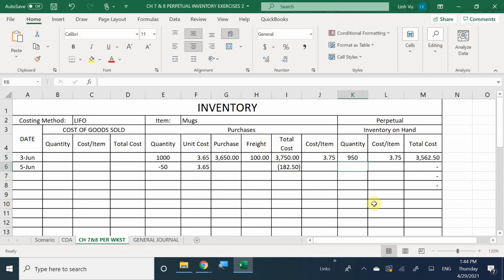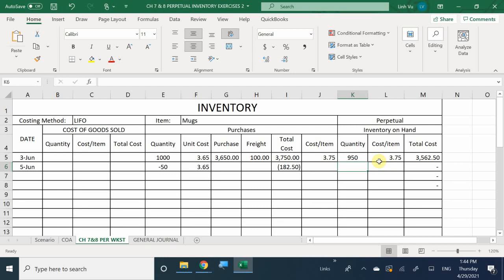You should have 950 items. Now here, you still want to keep your total cost there, but you have to refigure your new cost per item, because I still have my total freight, but now I have fewer items to distribute the freight across.